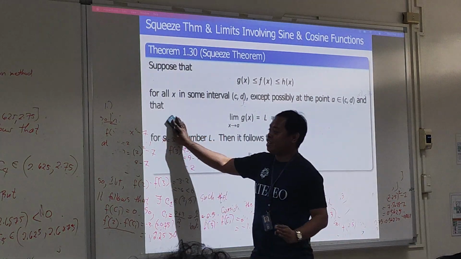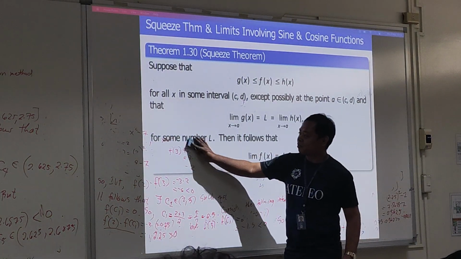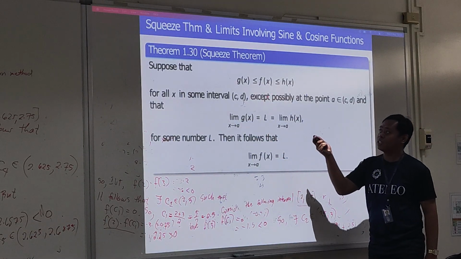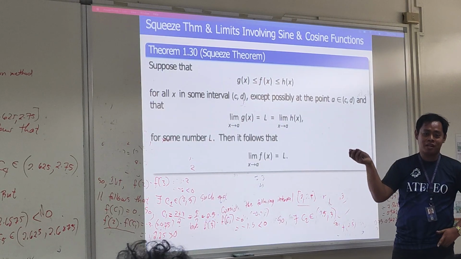So in terms of functions, of course, suppose you have this function f of x which is in between siya pang function g of x and h of x. So may natukan siya, no?